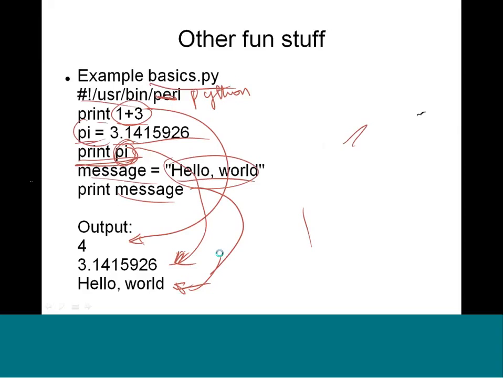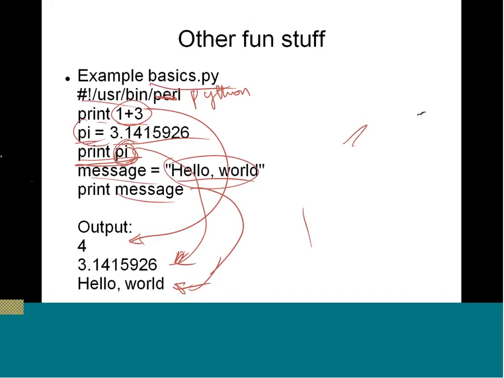So we saw some of the variable types. Essentially, a variable can be a floating point, a string, or an integer. I also mentioned that you can have multiple assignments.